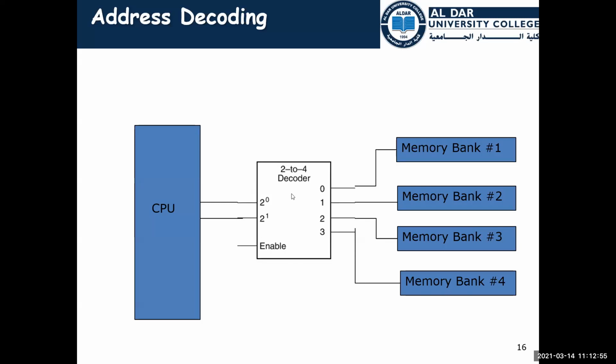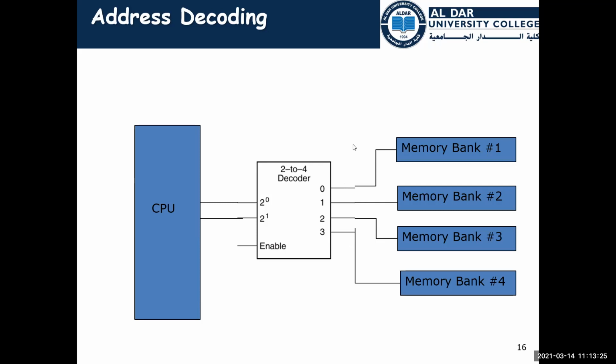And as Abbas Mahdi said, enable is important here because if we want to enable the entire circuit, we need the enable signal to enable the decoder. So we will enable it. We'll see one active device at a time. If we don't have enable active, there are no active devices.